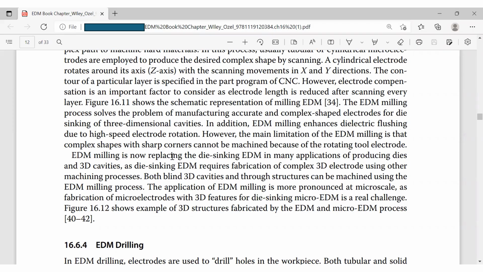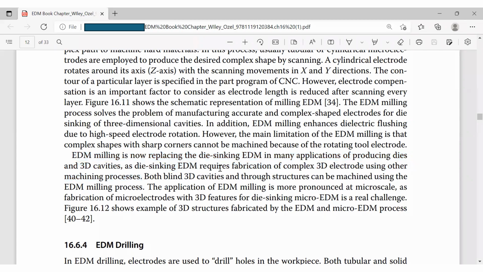EDM milling is now replacing die-sinking EDM in many applications of producing dies and 3D cavities, as die-sinking EDM requires fabrication of a complex 3D electrode and using other machining processes. Okay? And I might ask you guys, why is EDM milling replacing die-sinking?